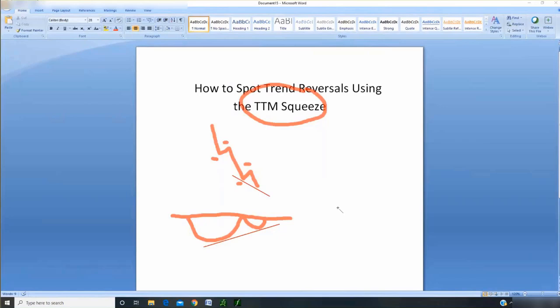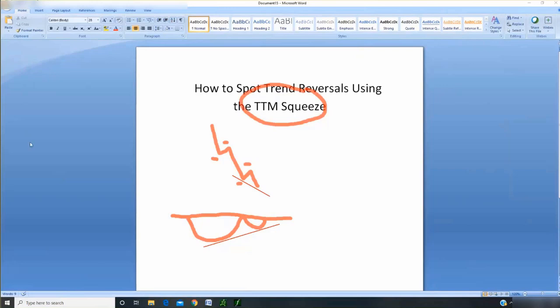When you have that on the chart, that is a bullish divergence, and there is a higher than normal probability that that downtrend is now coming to an end.